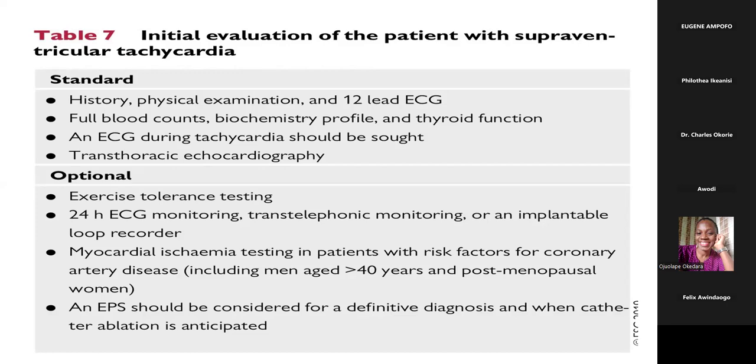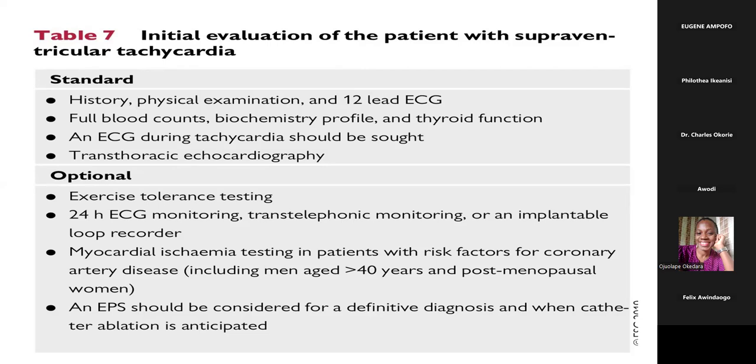So the clinical presentation, as I've said, can range from mild to severe symptoms. Then as a way of initial evaluation of patients with supraventricular tachycardias, the ESC guideline recommended these standard things to be done, which include a detailed history, physical examination, and a 12-lead ECG. Then the full blood count, biochemistry profile, and thyroid function test.